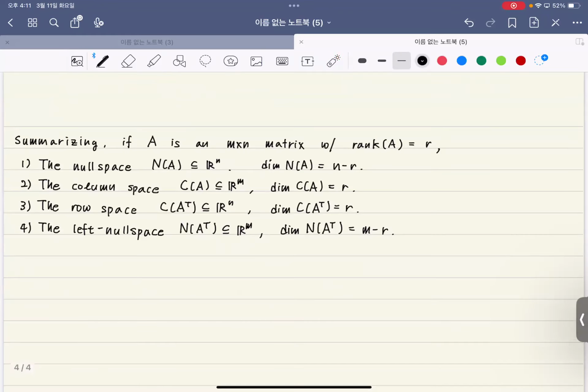And there is a big slogan from our textbook, and it says the column space is the orthogonal complement to the left null space.